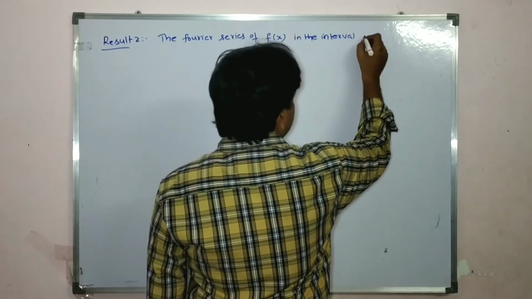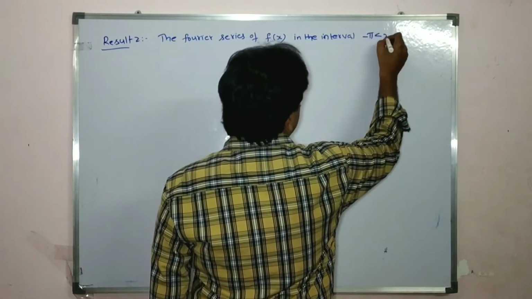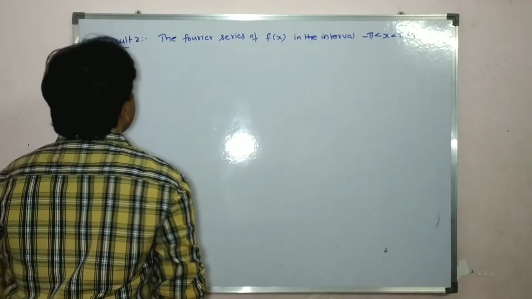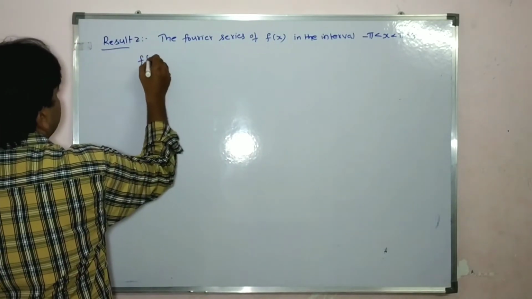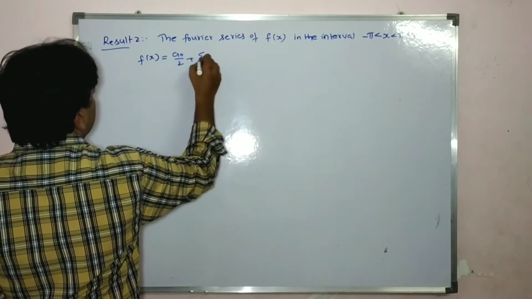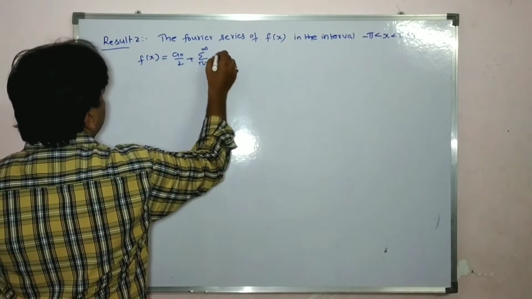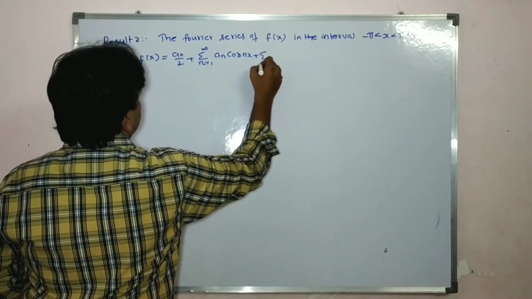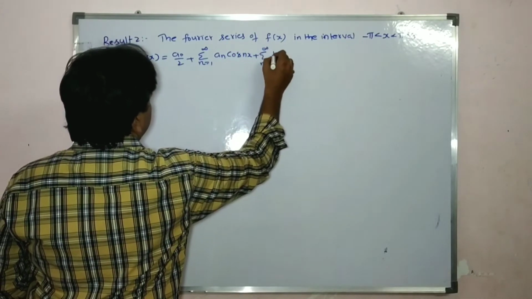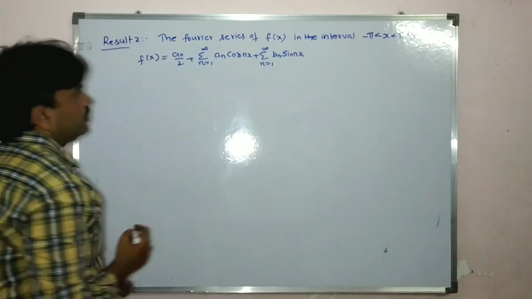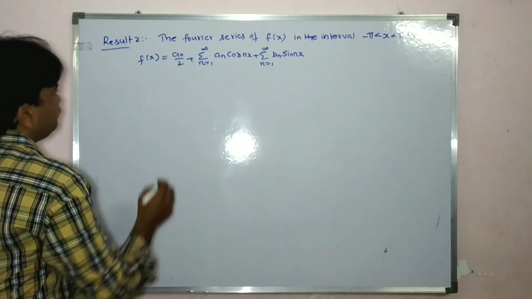Now the other interval, minus pi less than x less than pi. What is f of x, students? Here f of x is equal to, same, students, a naught by 2 plus sigma n is equal to 1 to infinity a n cos nx plus sigma n is equal to 1 to infinity b n sin nx.